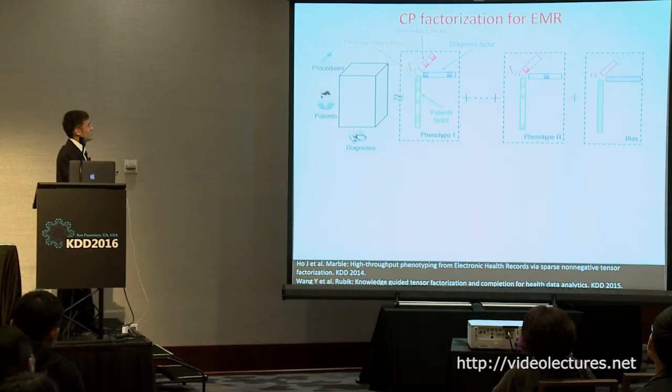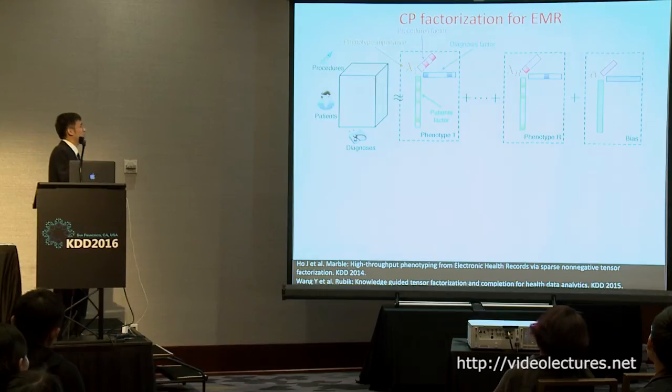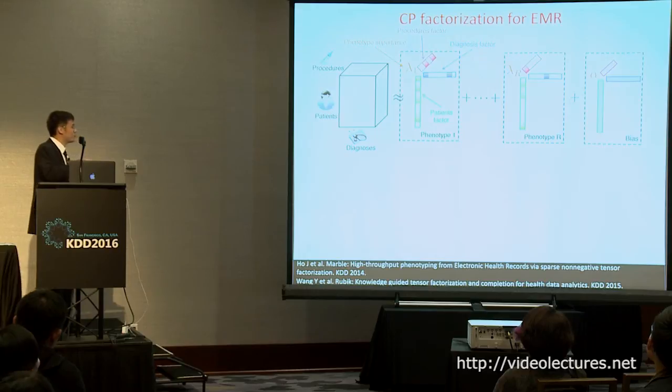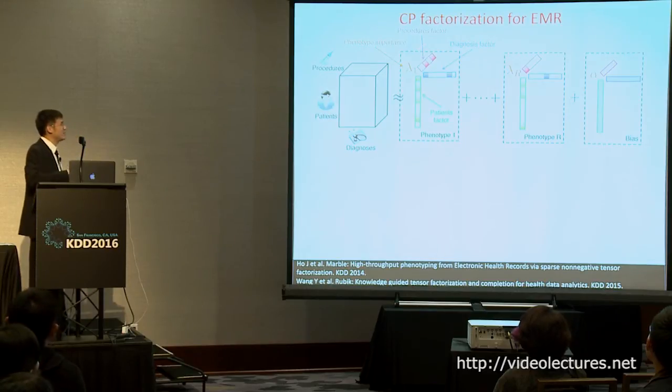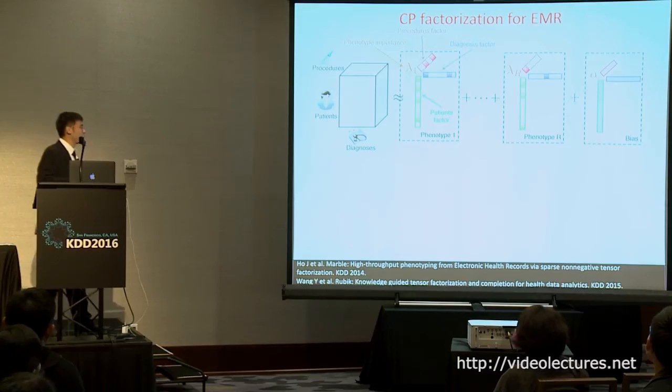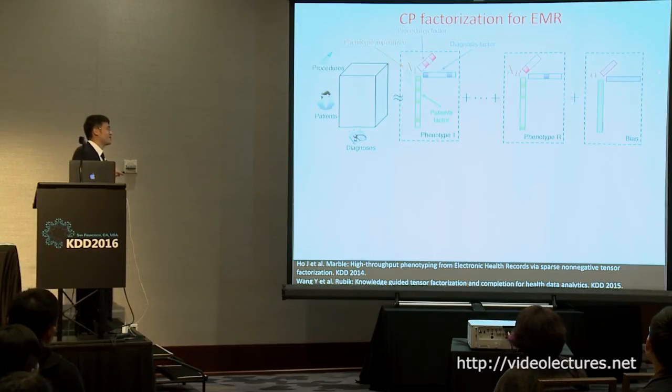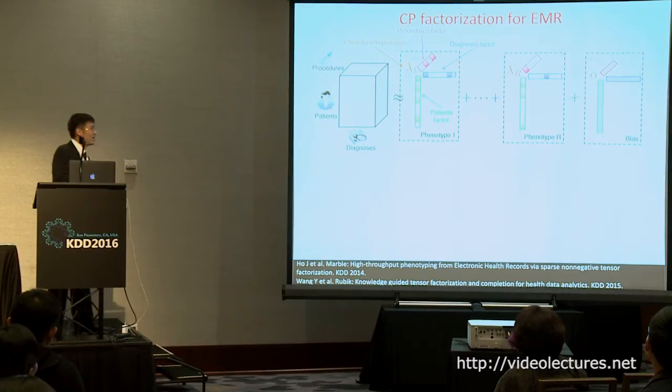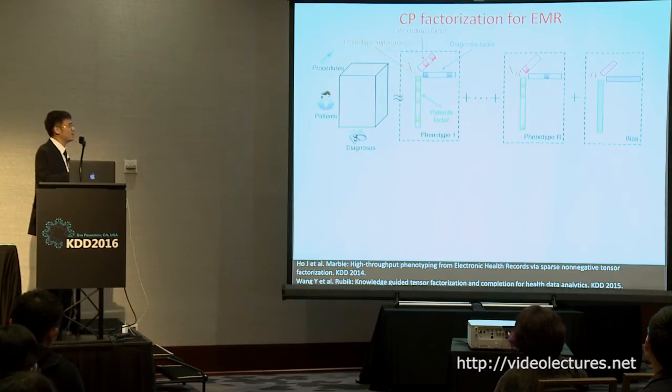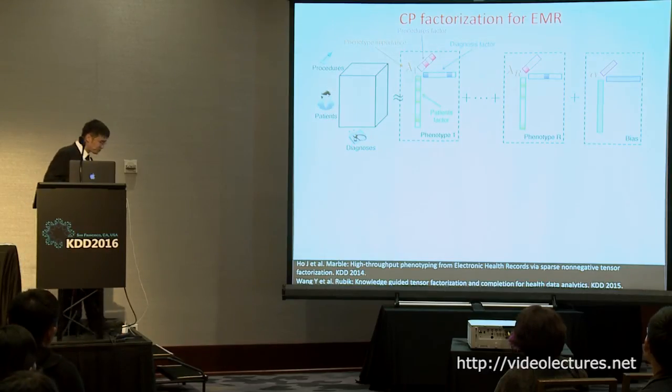And they also have a weight for each rank-one tensor. The procedures, diagnoses, and patients in the same group form the same phenotype, phenotype 1 up to phenotype R. And for some tensors, they have a bias term, like aspirin, which is a general medication that has no specific medical meaning. They put it into the bias here.